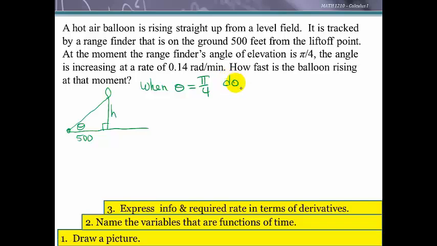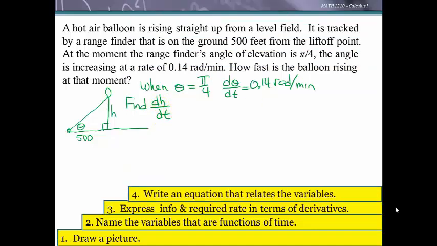So this is the rate of change of the angle, d theta dt, and that's 0.14 radians per minute. And then it says how fast is the balloon rising at that moment. So what we want to do is find dh dt.